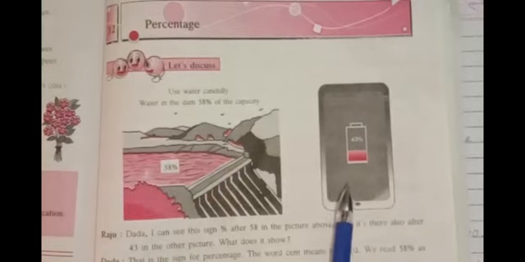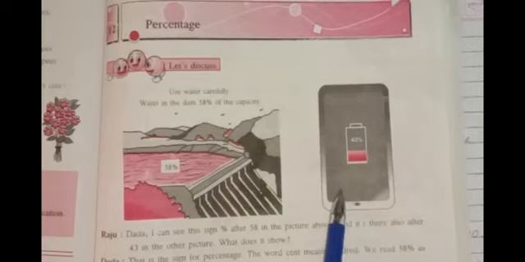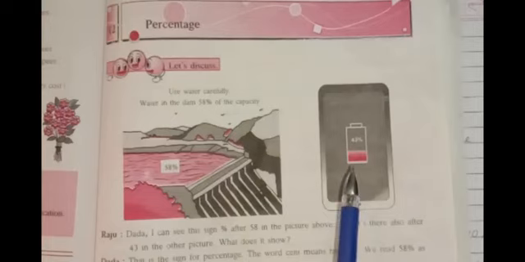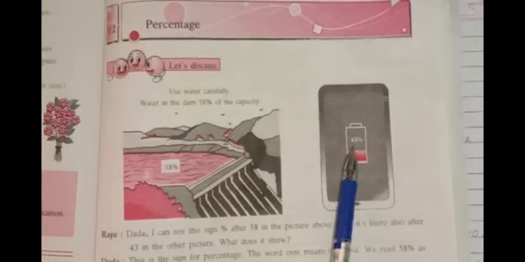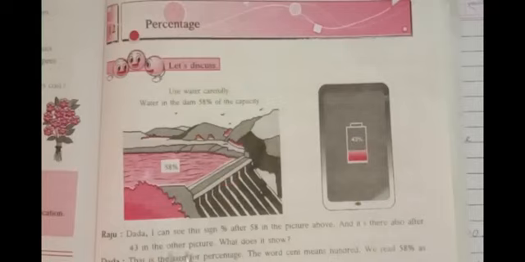Same thing with the mobile. When you charge the mobile completely, it will be 100% charged, that is 100 units. But at present the mobile is just 43% charged. That is 43 units charged out of 100 units.